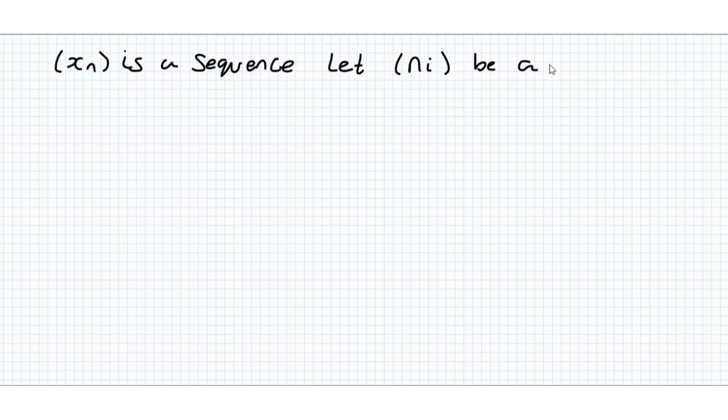So we've got x_n is a sequence, and then we let n_i be a strictly increasing sequence.